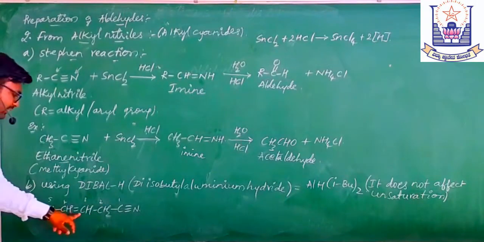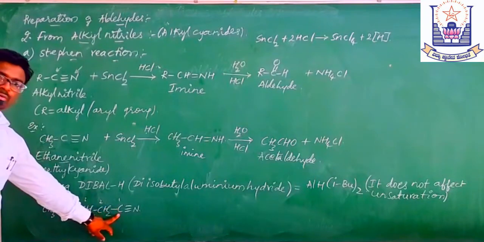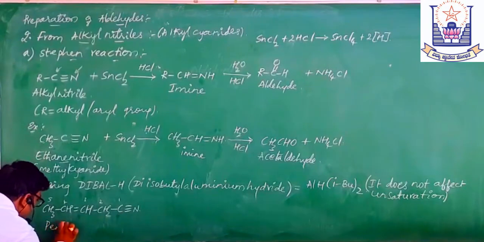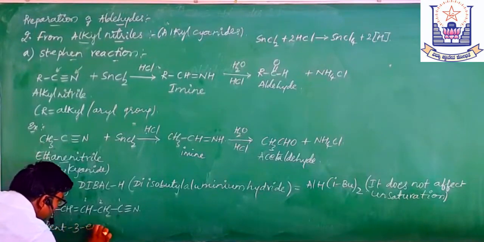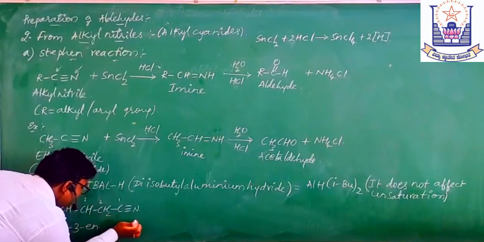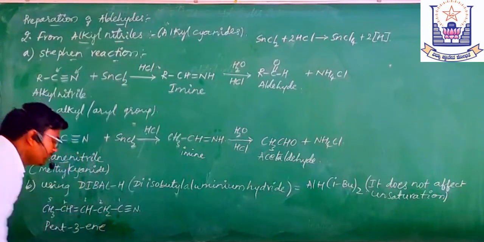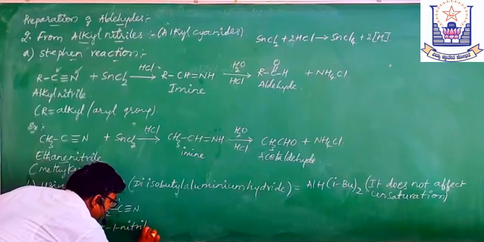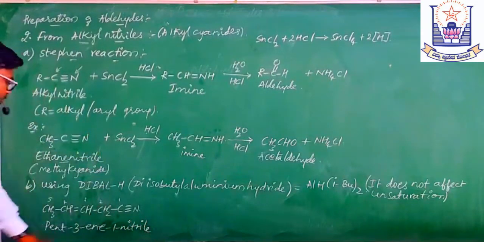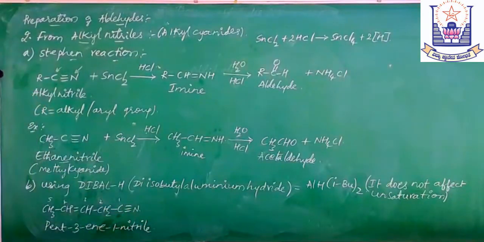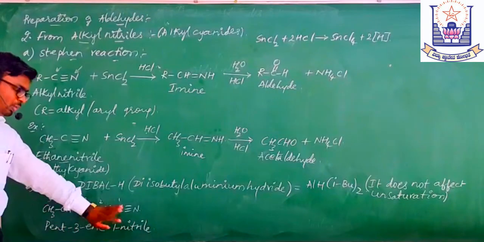Pent-3-ene-1-nitrile. See here, you have to take the E as it is. While giving the IUPAC name, you have to count this carbon also, since triple bond N is considered as nitrile.